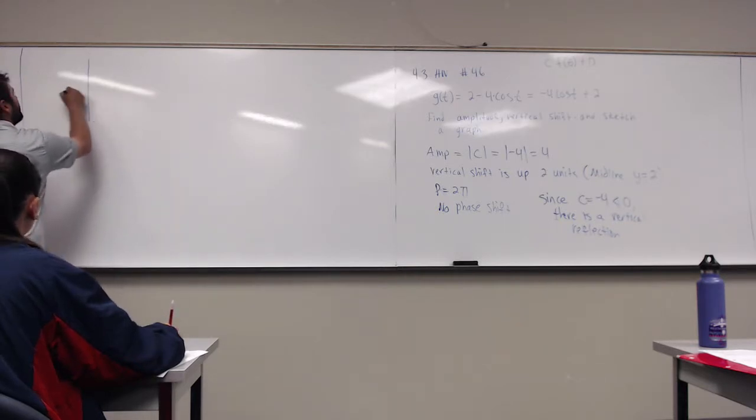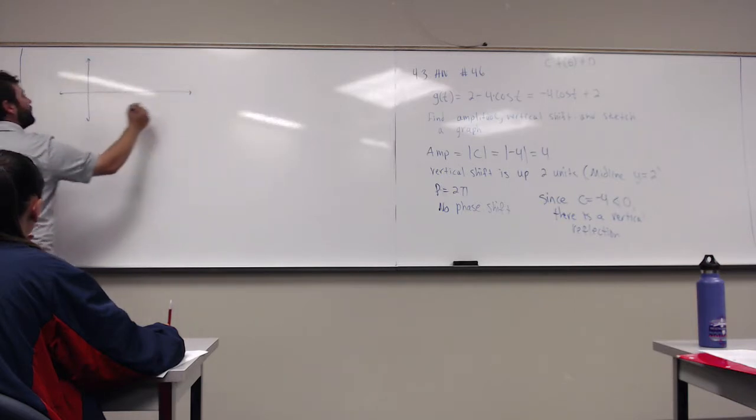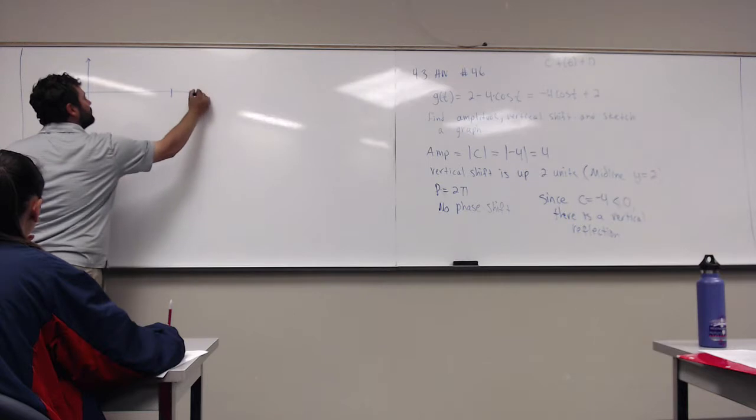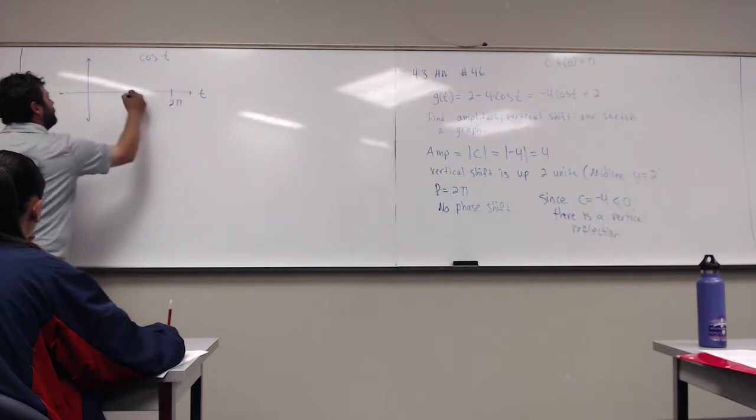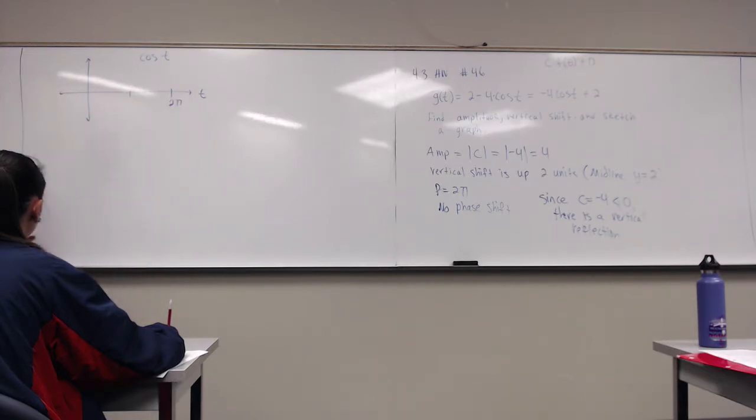Okay, so what I'm going to do is, there's no phase shift, the period is still 2 pi. I'm going to look at my fundamental cycle of cosine before transforming. So there's the theta axis, or if you like, it's the t axis if we're looking at cosine t. Now every time I graph, whether it's the original function or a transformation, you're going to see this pattern of the period gets broken up into fourths, 4 equal intervals that are each 1/4 of the period.